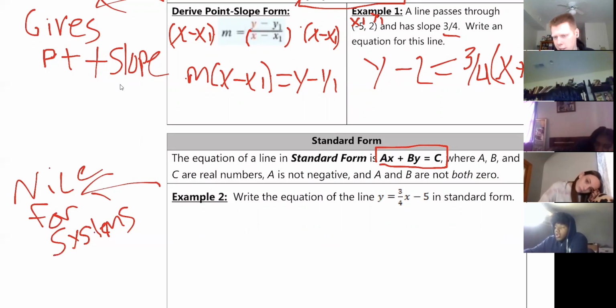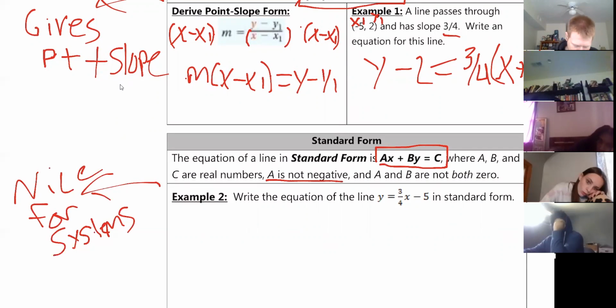Some websites or books might not care. I personally don't care, though I know this says A is not negative here in the notes. Does it really matter? I don't think so, but I guess it depends who you ask. I've seen different definitions in different books or places, so it's kind of up to you, but I'll explain as we go through this first one what I mean by that.